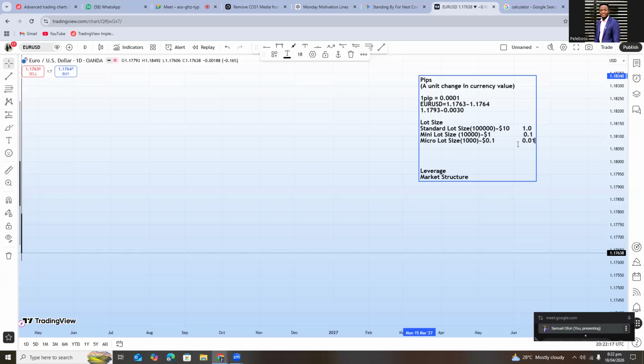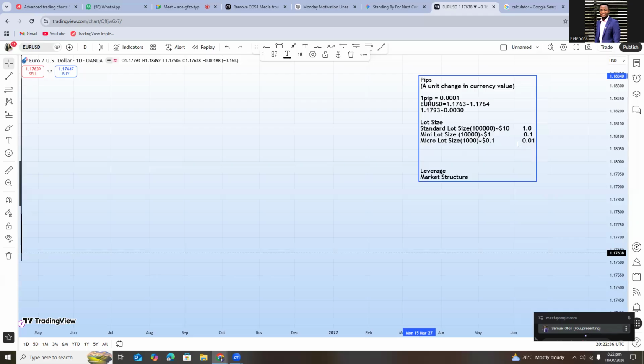It means the person is going to go home with $3. So from the same pip value, someone is going home with $300, another person is going home with $30, and then we have someone who is also going home with $3.